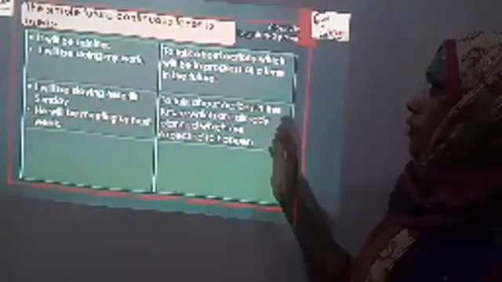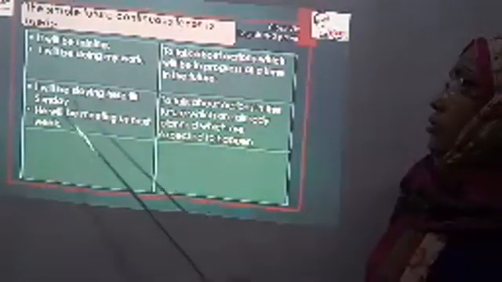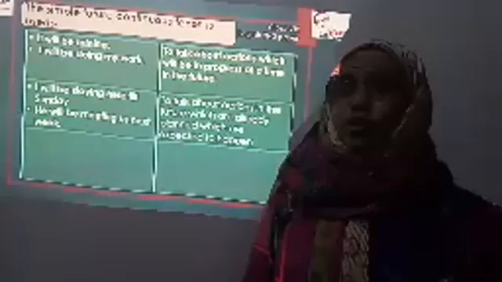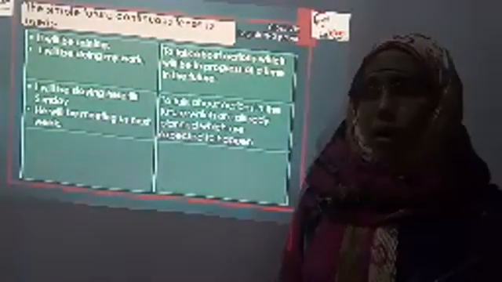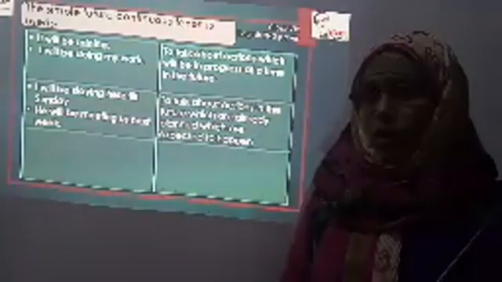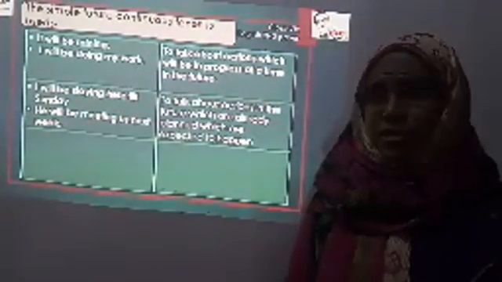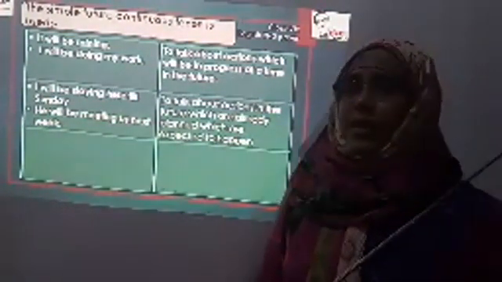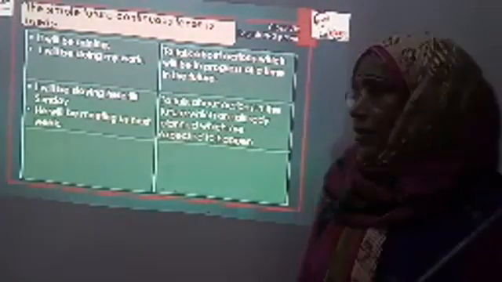So this is the continuous form. Just try to keep in mind, just the auxiliary verb will be different. All are the same: start with subject, then auxiliary verb, then verb will take ing.